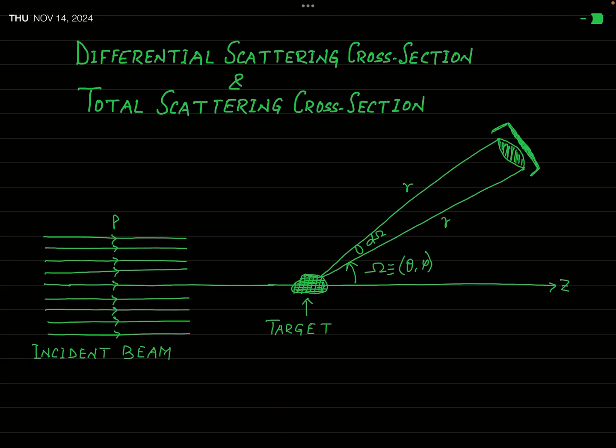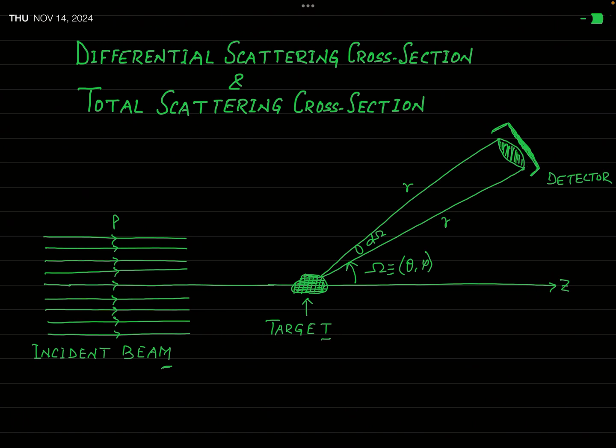Then the beam of particles gets scattered from the target, and the scattered particles must be detected, so there must be a detector. So the three parts are: first, a beam of incident particles, then a target, and this is a detector, which will detect the scattered particles.